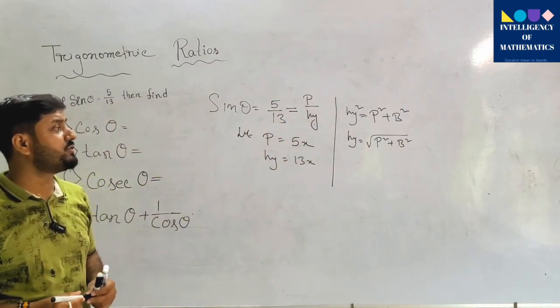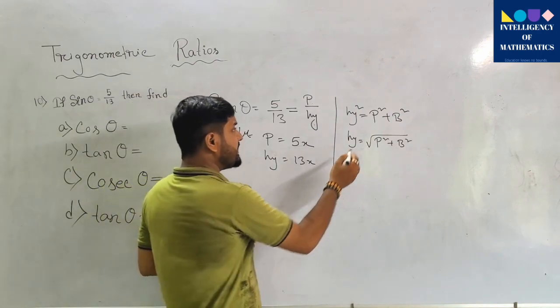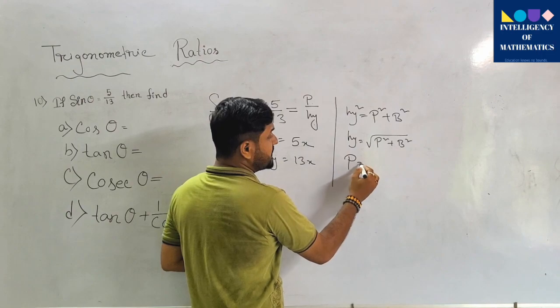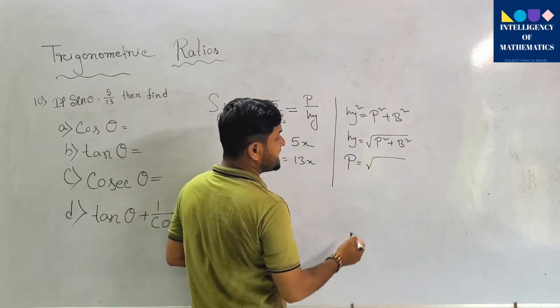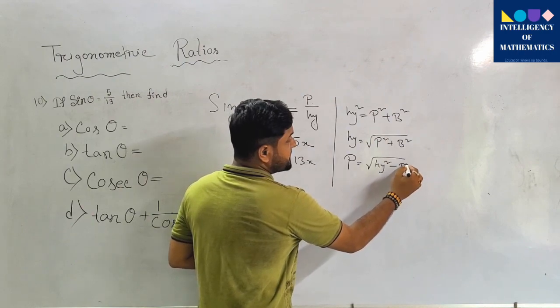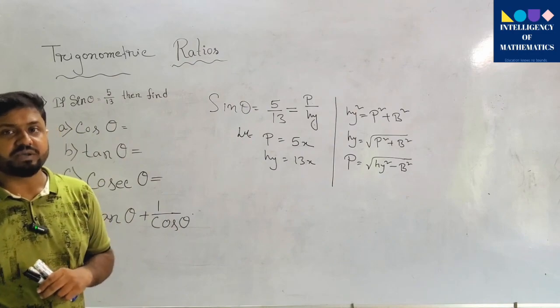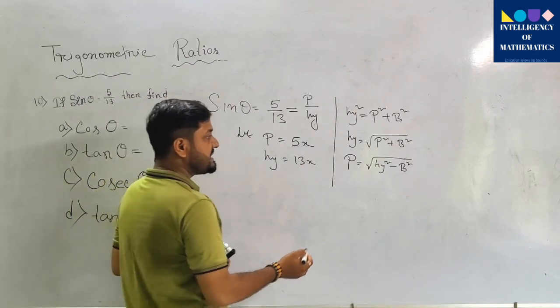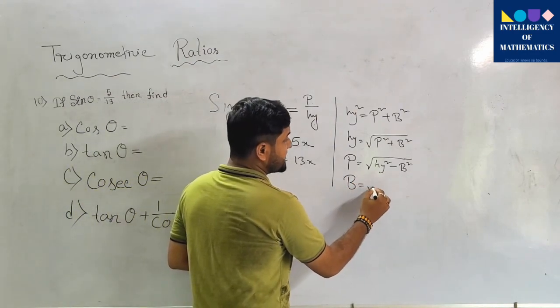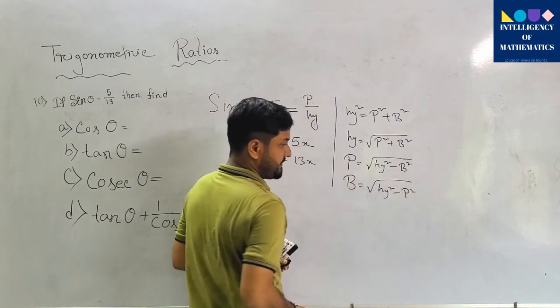So hypotenuse will be root over perpendicular square plus base square. Same way, the perpendicular will be root over hypotenuse square minus base square. And base will be root over hypotenuse square minus perpendicular square.